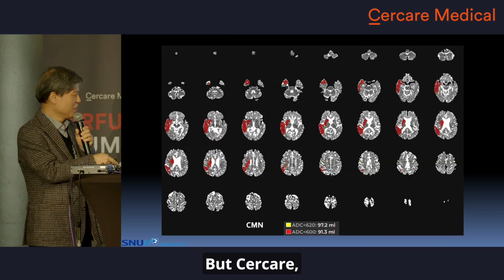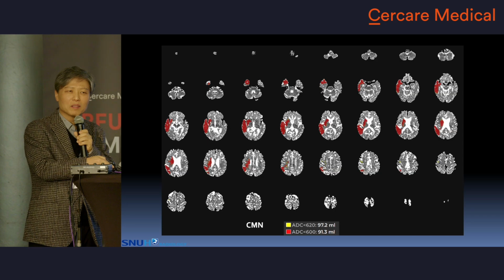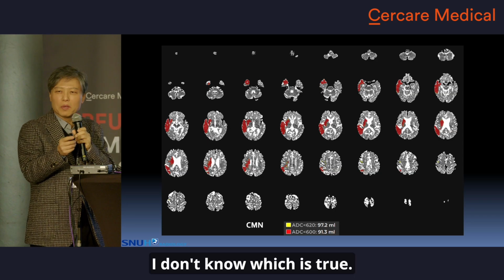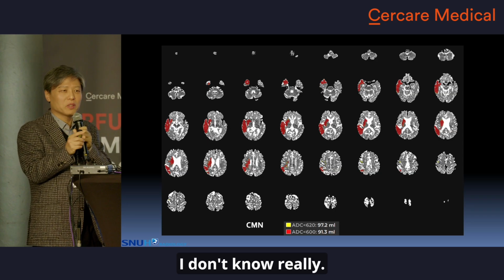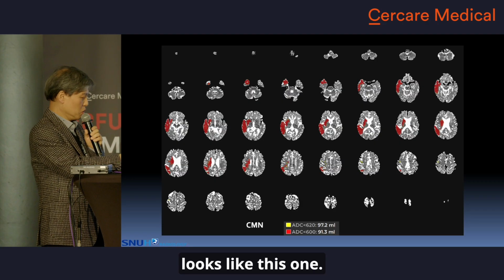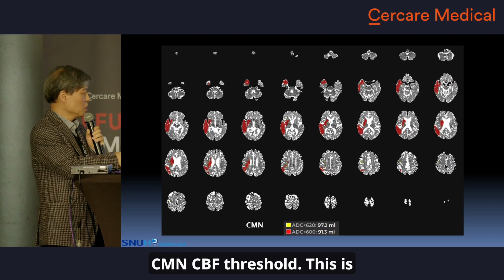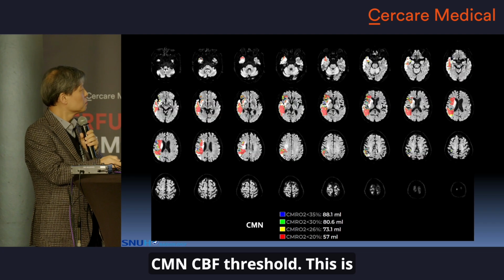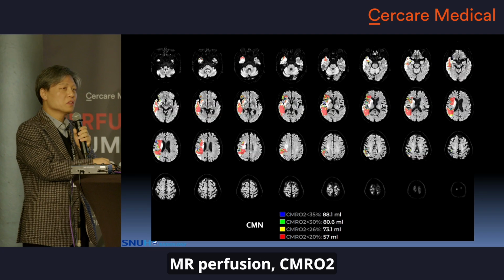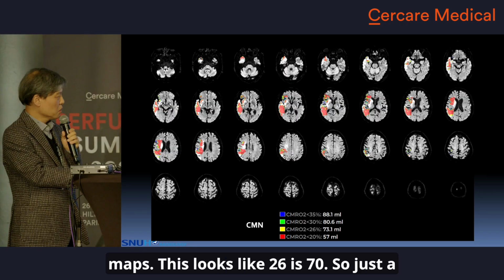But CVF is 97. I don't know which is true. I don't know really. But the CMRO₂ map looks like this one. It's closer to the CVF threshold. This is the MR perfusion CMRO₂ map, and it looks like 26 is a 70.